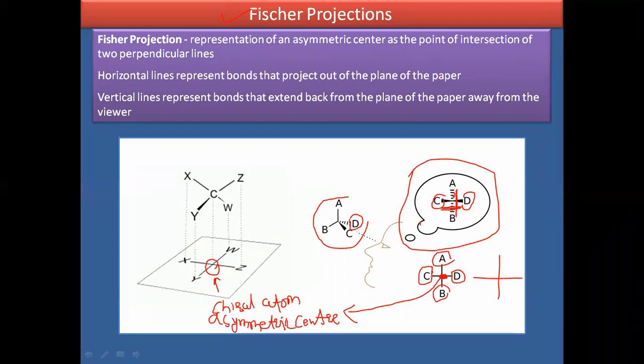In this way, you have to give the features of the Fischer projection in examinations along with this example. Note down these examples related to the Fischer projection formula. This is one of the important projection formulas for the representation of 3D structures in 2D planes, by Fischer. That's why the name is Fischer projection formula.